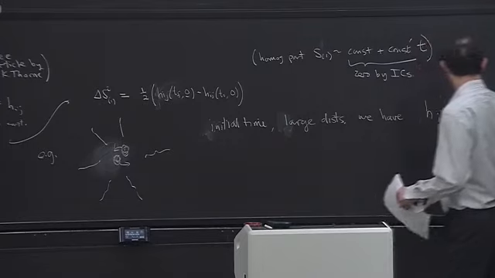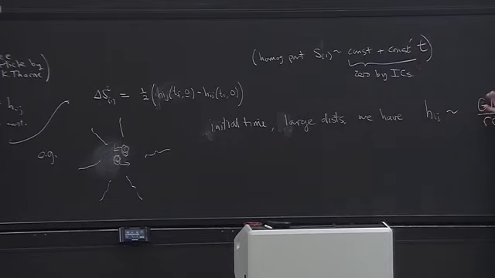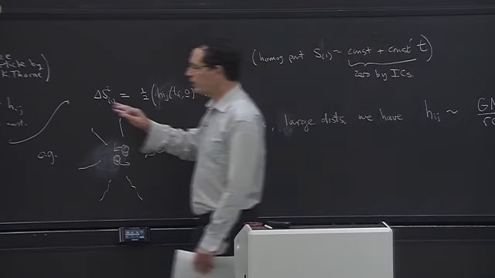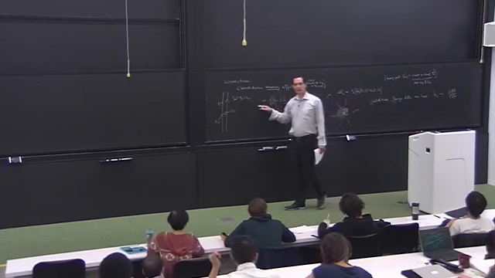I'm not going to put any indices on that. This is the magnitude of H_ij. Remember, we're working in coordinates which are transverse traceless.